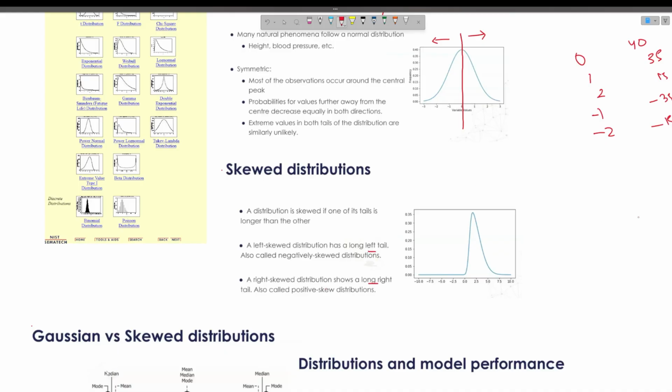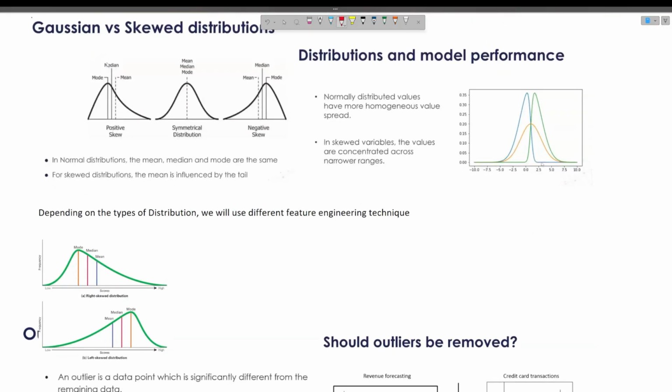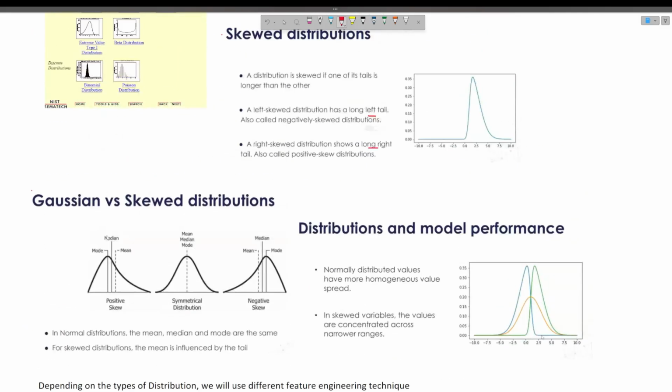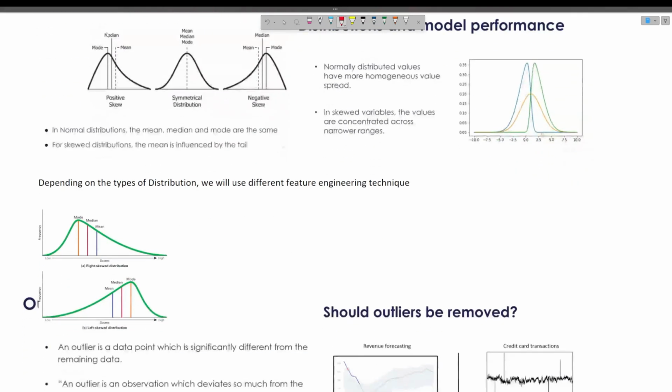If you look at what they look like, here you can see the right skewed distribution. In the right skewed distribution you have a long right tail. So this is the tail, right? In a fish, we do have a tail.